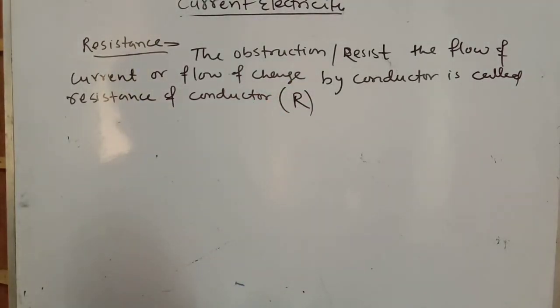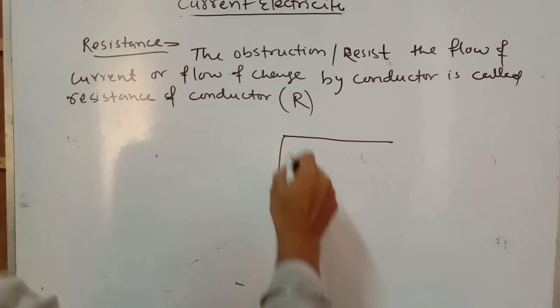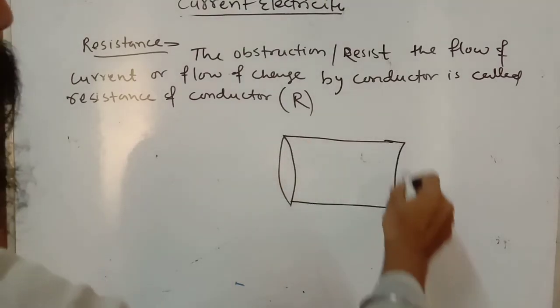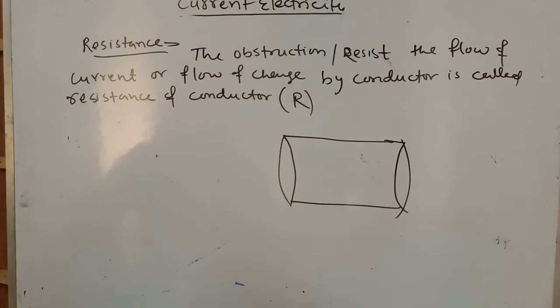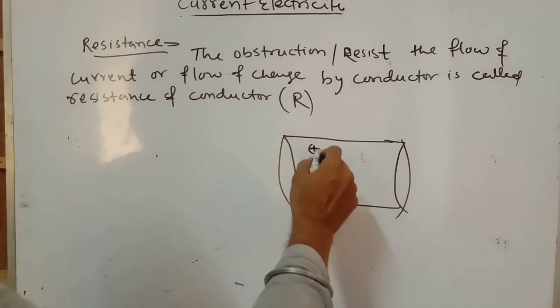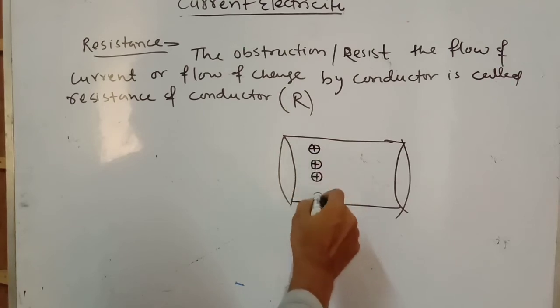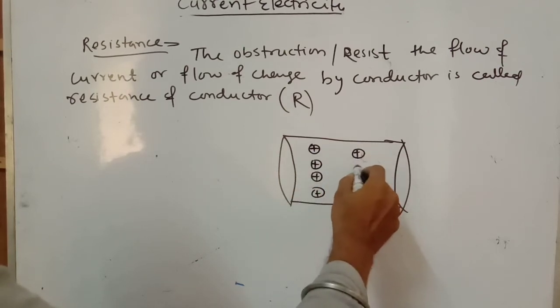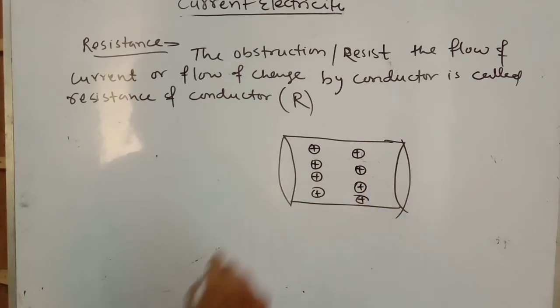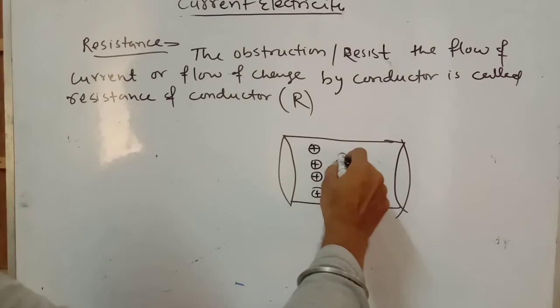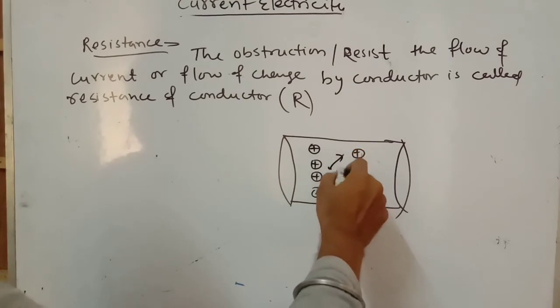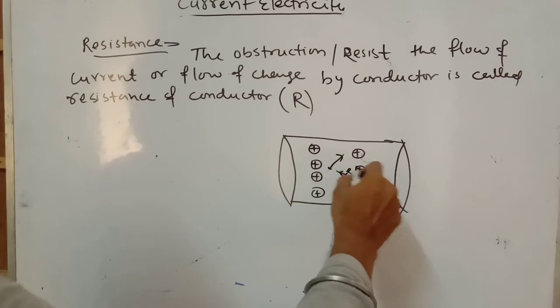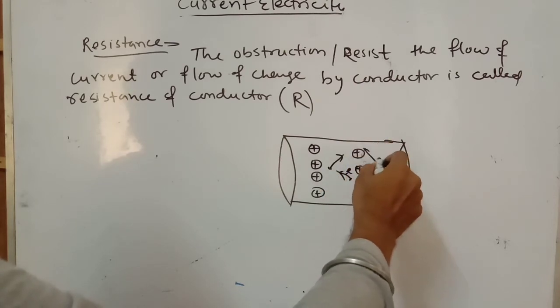We know that in a conductor both positive charge and electrons are present, that means holes and electrons. Positive charge does not flow but electrons flow. Let the positive charge be at rest, but the free electrons move randomly, colliding with each other.